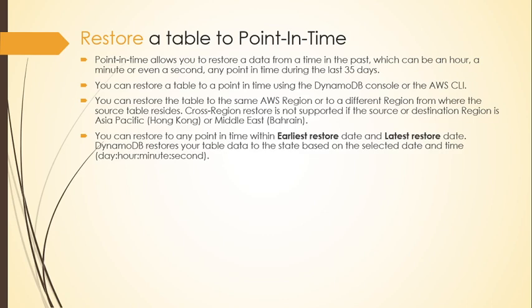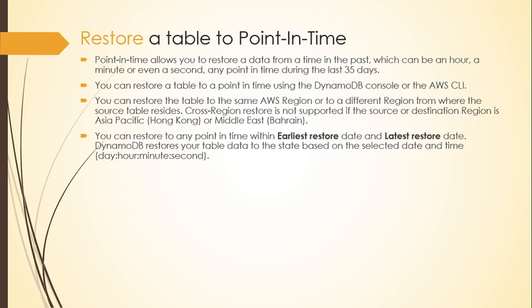While you are restoring to a point in time, you have two options. You can select either the earliest restore date or the latest restore date. So what is the earliest restore date? You can select any specific date from the past within the 35 days. Suppose you want to restore your data from 2 days before or 3 days before or any specific date, say 10th May at 10 a.m., 20 minutes and 20 seconds.